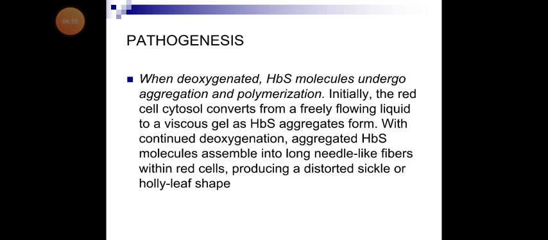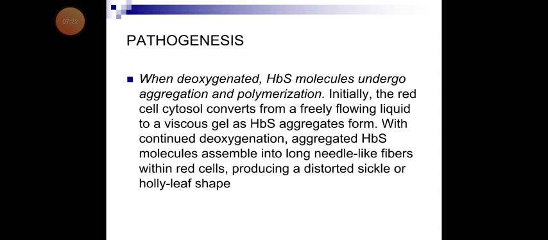Pathogenesis. When deoxygenated HBS molecules undergo aggregation and polymerization, initially the red cell cytosol converts from a freely flowing liquid into a viscous gel as HBS aggregates form. With continued deoxygenation, aggregated HBS molecules assemble into long needle-like fibers within the red cell, producing a distorted sickle or holly leaf shape.